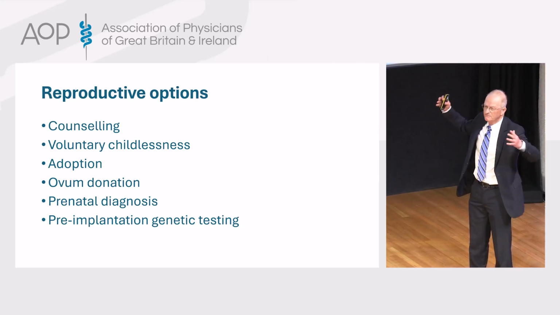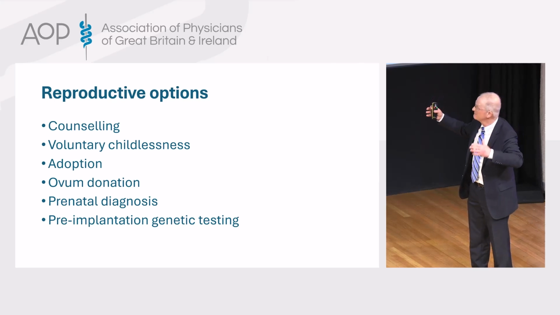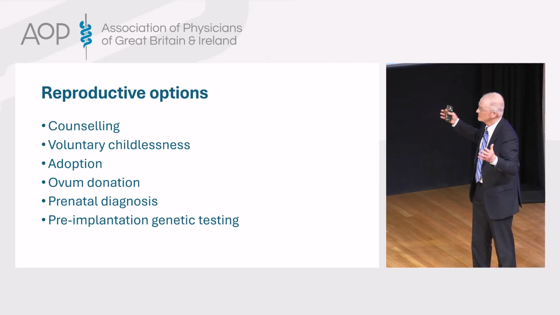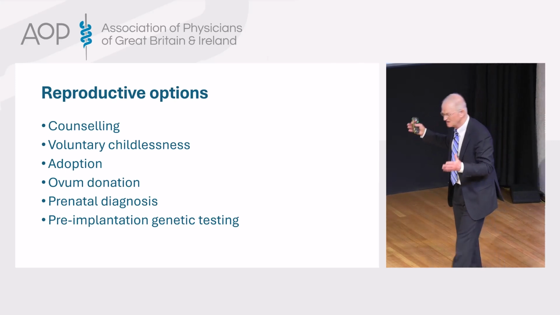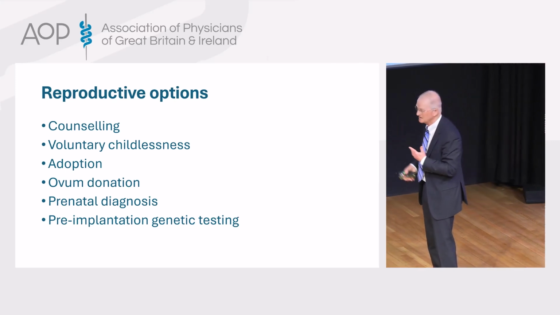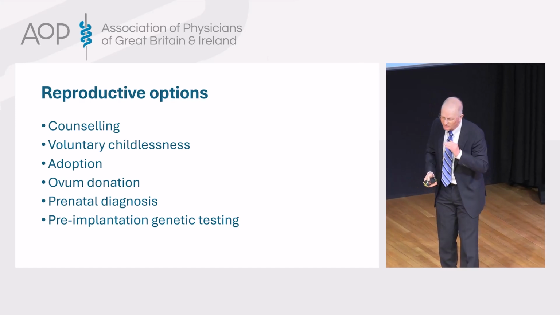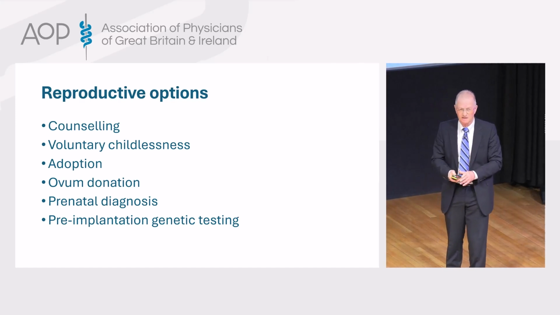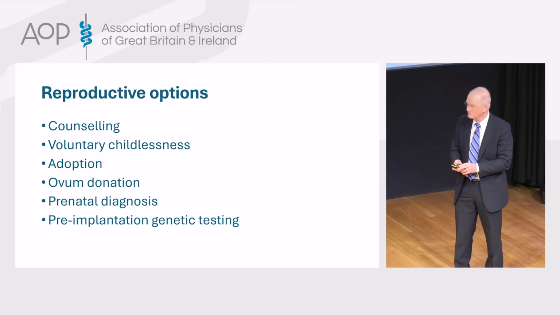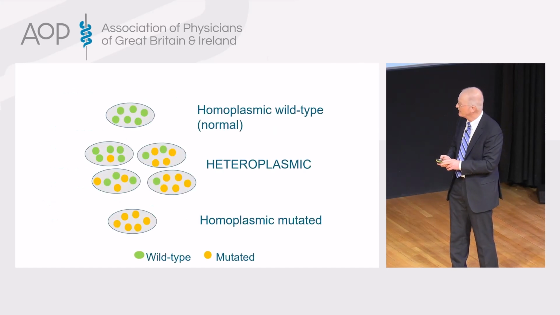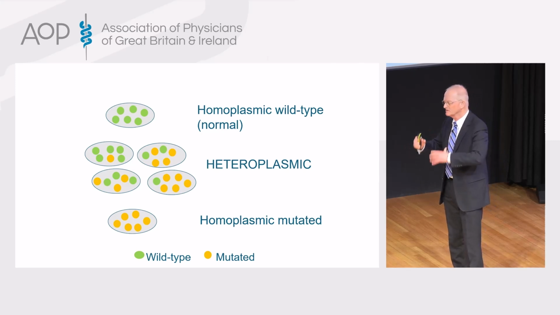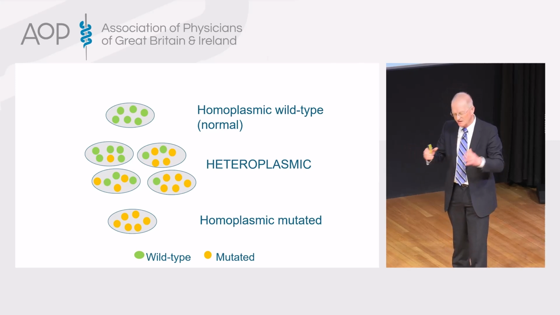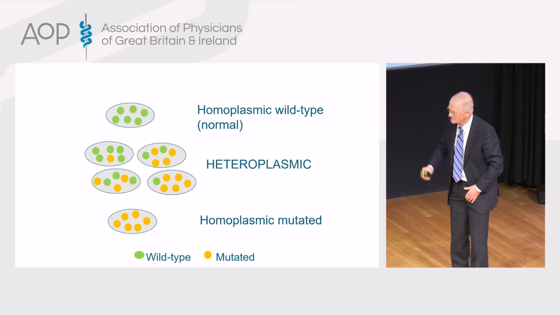So you can explain voluntary childlessness, adoption, egg donation, prenatal diagnosis, which is applicable to some women, or pre-implantation genetic diagnosis. And it's really important that I explain a little bit about this before I go on to what's happened with mitochondrial donation. So mitochondrial DNA genetics in some ways is easy, and in other ways it gets a lot more complicated.